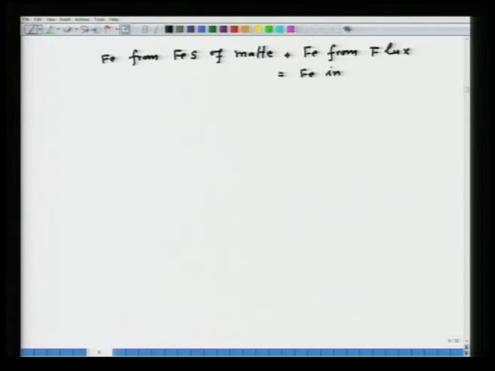In the iron balance, iron from the FeS of met plus iron from flux is equal to iron in slag.